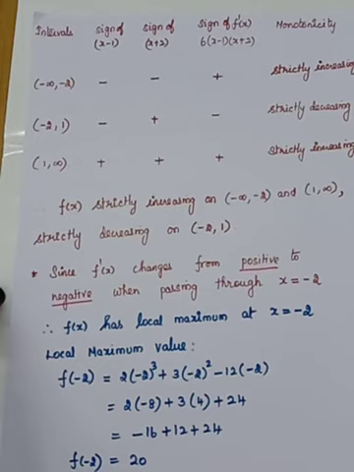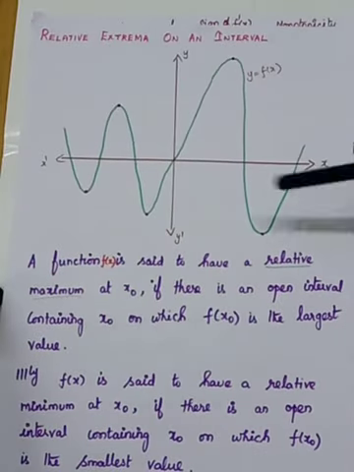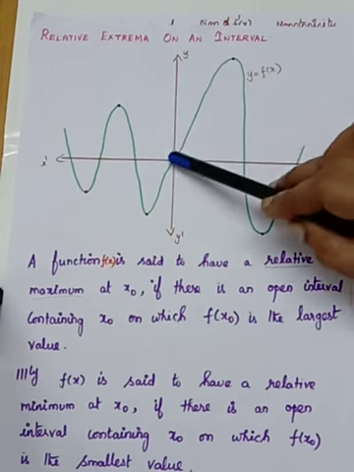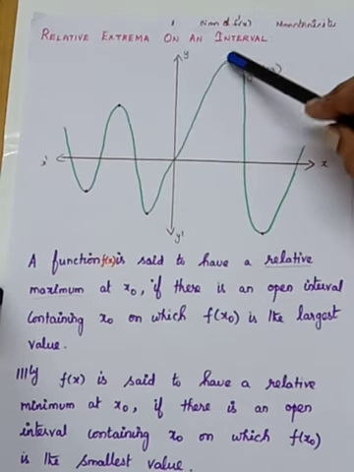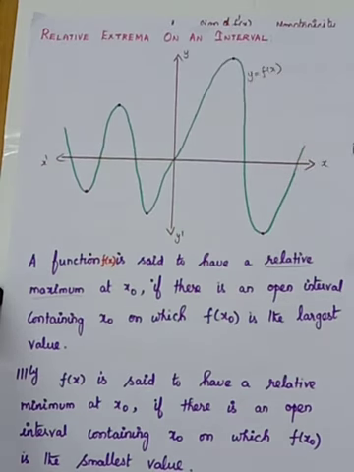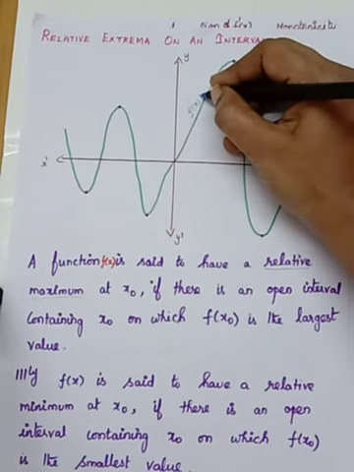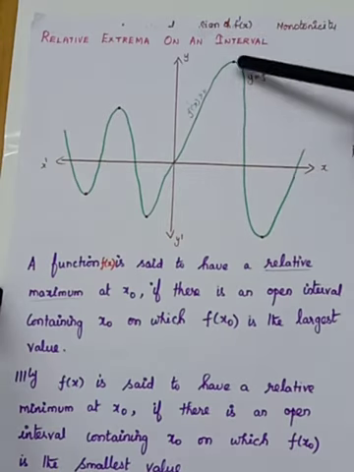Next, what is asked? You have to find the local extremum. You see the curve, local extremum. While I am talking, I have used this curve, isn't it? See this. Here the function is increasing. If the function is increasing, your f dash of x should be greater than 0, isn't it? So come to this side.